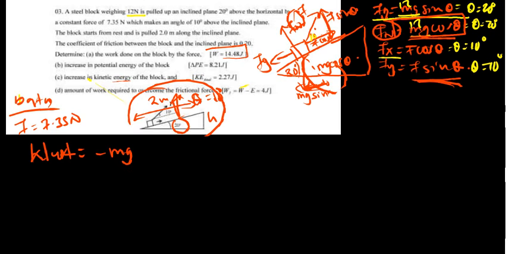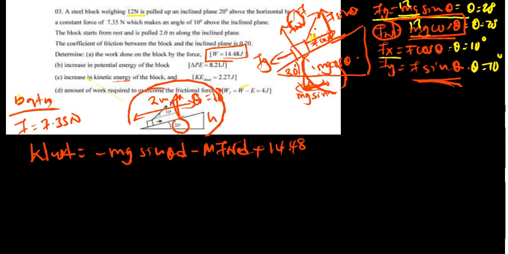I'm asking you, is it sine theta d minus mu, sorry, we have said that is mu, the normal force, times d, plus the work done by the applied force. The work done by the applied force we have already calculated there, is 14.48.